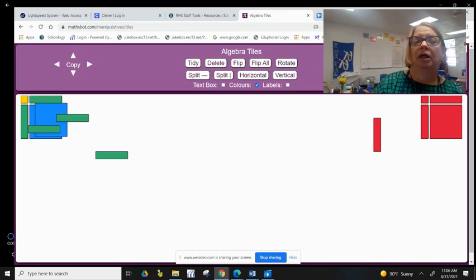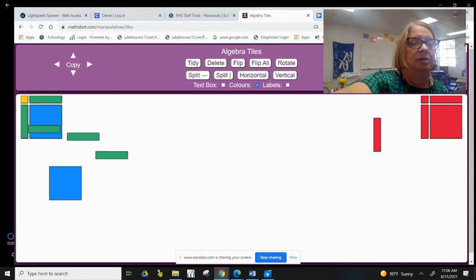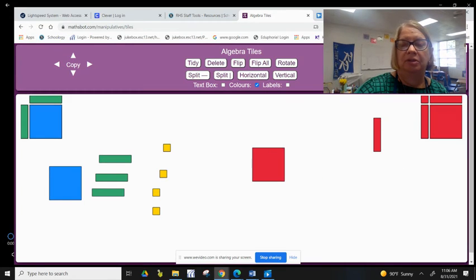Okay, so let's try. What if we had x squared plus 3x plus 4 and then we had another expression that was negative x squared minus x minus 2?